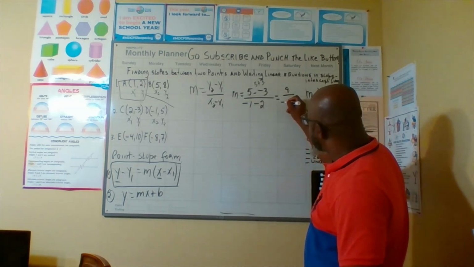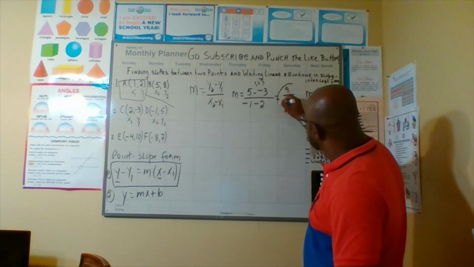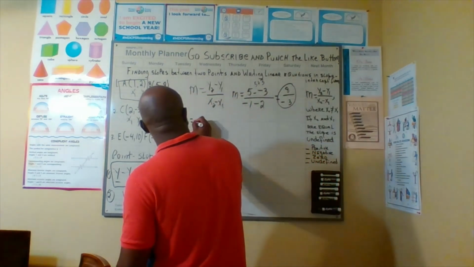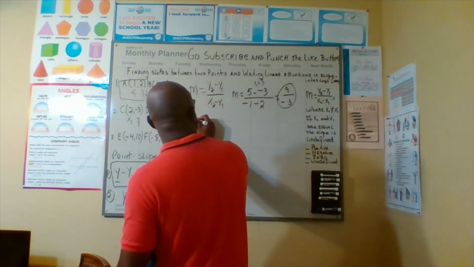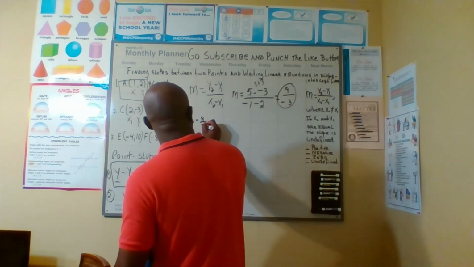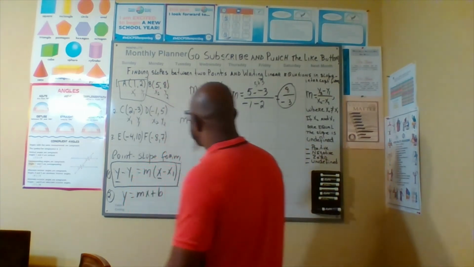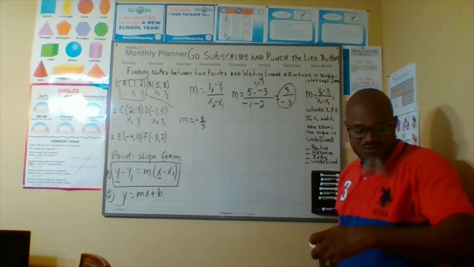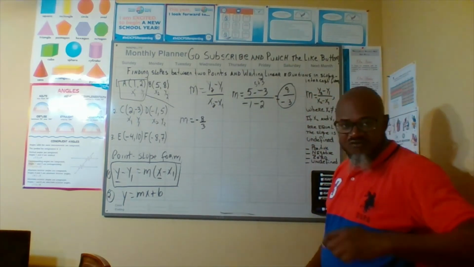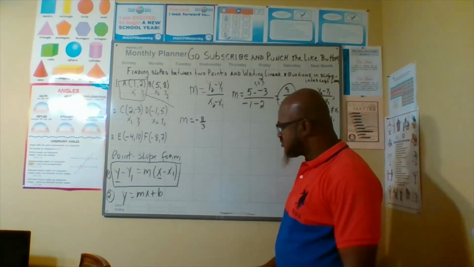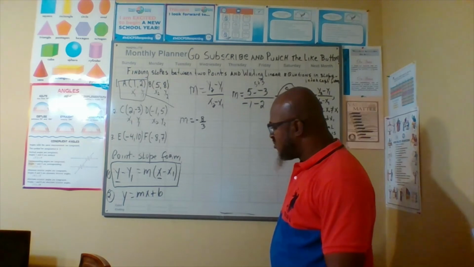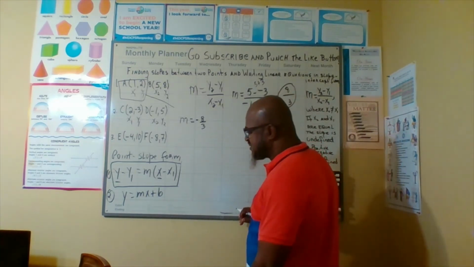Now, for the sake of argument, last time I did the point-slope form, so I was going to use both ways. This time I'm gonna use y equal mx plus b. In y equal mx plus b, you're gonna replace whatever the y value is, whatever the m value is, the slope, and whatever the x is. In this case, you're gonna use y1 and x1, or if you want to use the other point, it makes no difference.